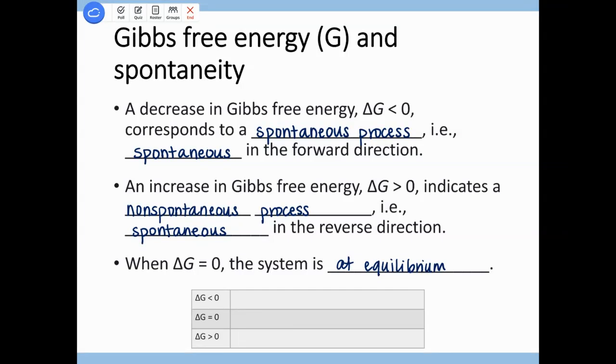And then just to fill in the table, it just summarizes what's on the slide. So delta G is less than 0, spontaneous. At equilibrium. Non-spontaneous for delta G greater than 0. It kind of sounds like K, but it's a little bit different.